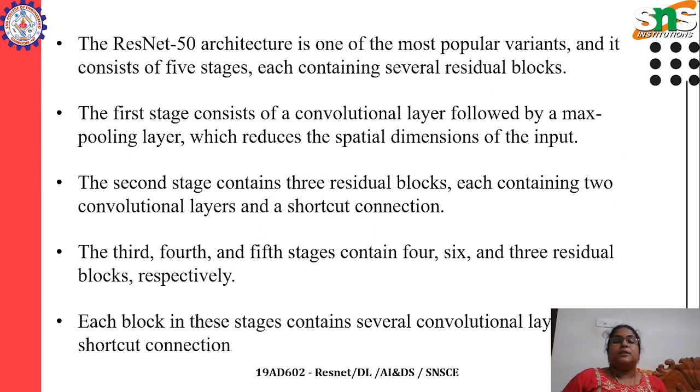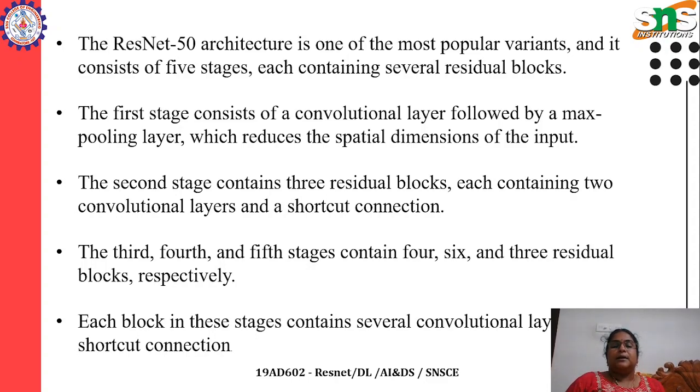In detail, this ResNet 50 architecture is one of the most popular variants. It has 5 stages, each containing residual blocks. The first stage has a convolution layer followed by max pooling, whose main functionality is to reduce the spatial dimension of the input while retaining the features as they are.